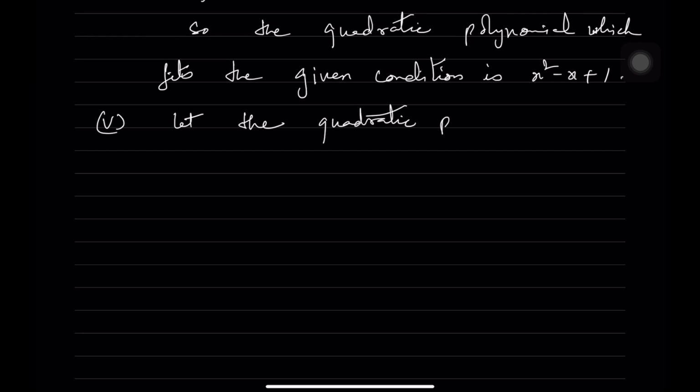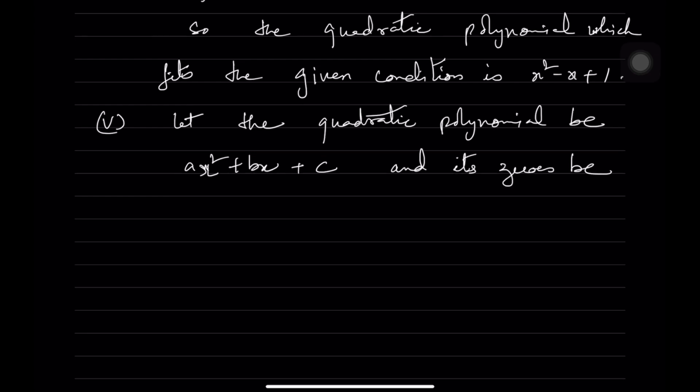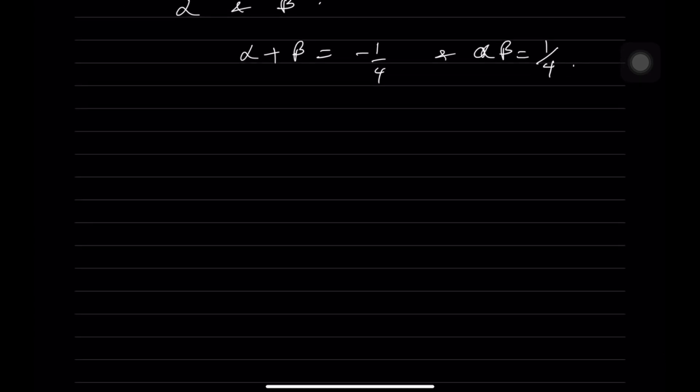So let the quadratic polynomial be ax square plus bx plus c, and its zeros are alpha and beta. Then alpha plus beta is equal to minus 1 by 4, which is minus b by a is equal to minus 1 by 4.